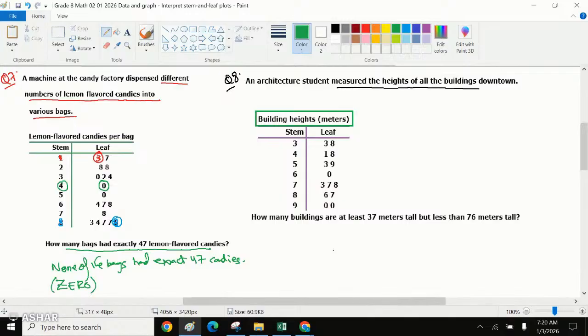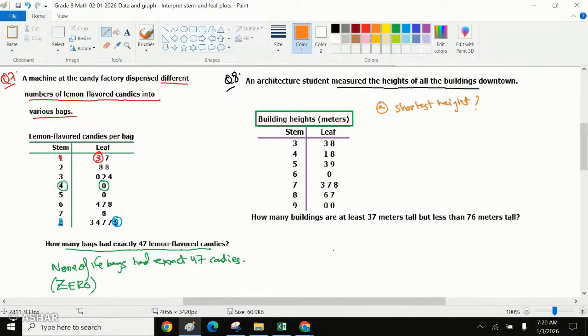If we look at 3 in the stem, there were 2 buildings, 33 and 38 meters, right? For 4 in the stem, it would be 41 meters and 48 meters. So if I ask for the shortest height, what is the shortest height?